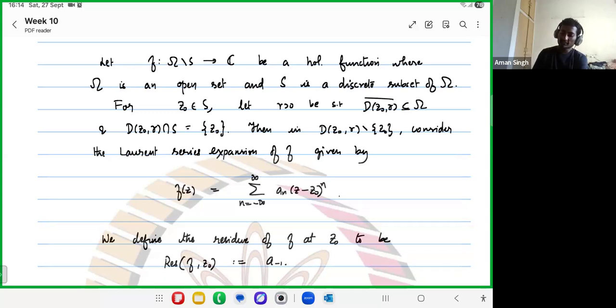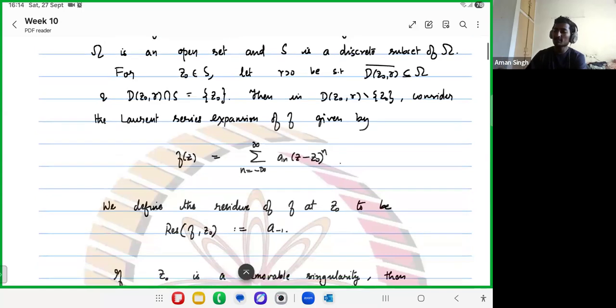Right. So in the deleted neighborhood, we have a Laurent series expansion, and let me explain a little bit what the residue is. You have a series expansion in a deleted neighborhood, and you take a curve in the neighborhood, not passing through that point, like a small circle around that point.